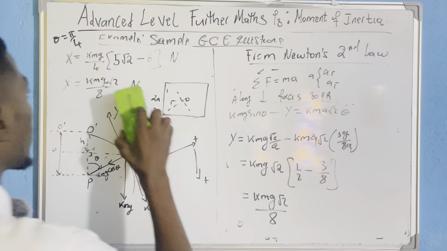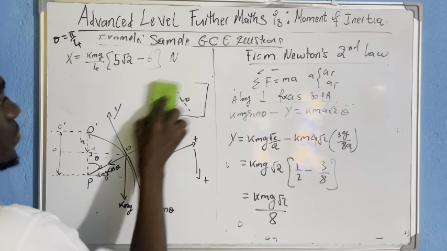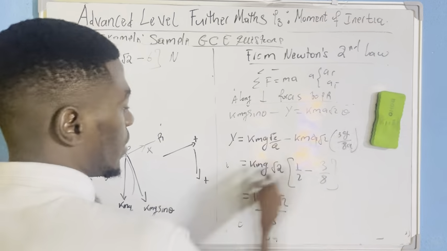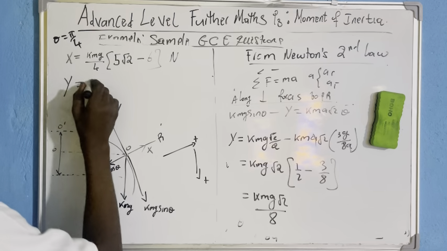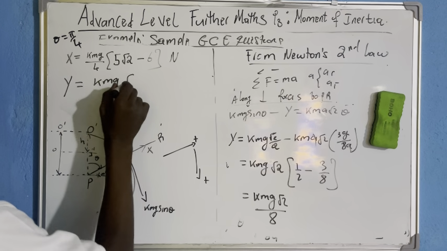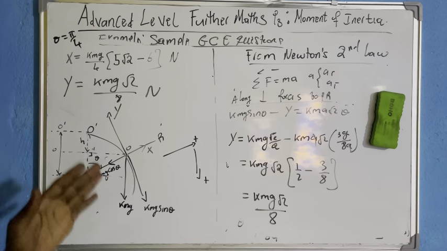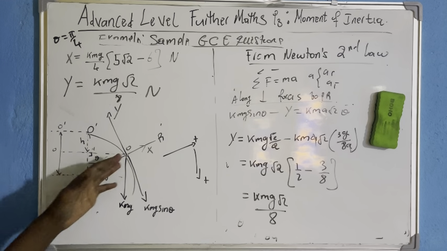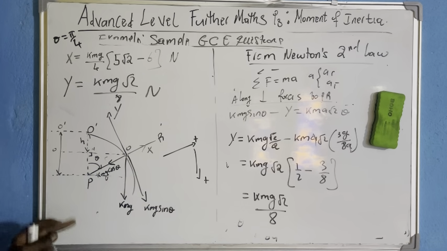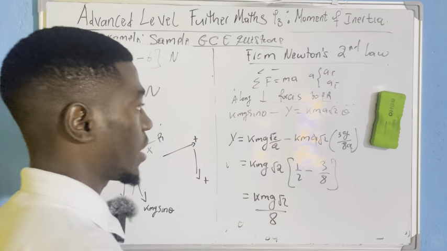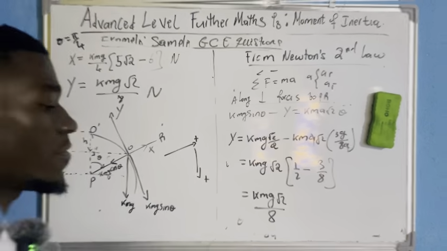Okay. Then I come and put it here. I put directly my X and my Y here, to be KMG root 2 divided by 8 Newton. So that is the perpendicular component of the reaction force about the line PR. Okay, that is all.